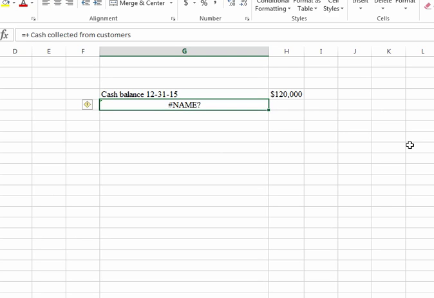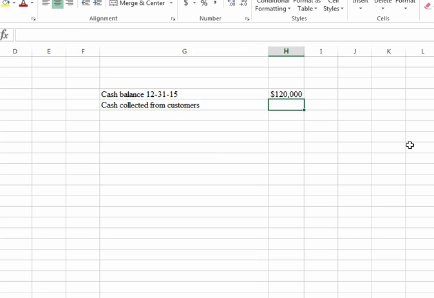Sorry, the plus messed me up. Alright, we'll just enter the positives as a positive number, negatives as a negative number. Cash collected from customers, of course, would increase the cash balance at $780,000.